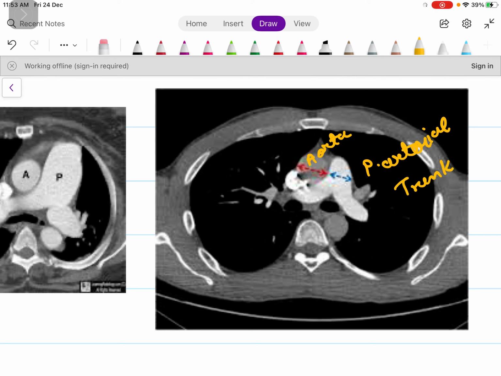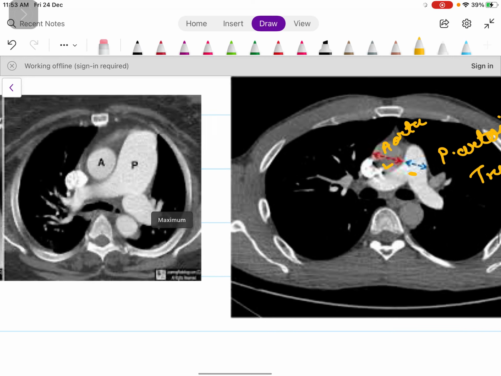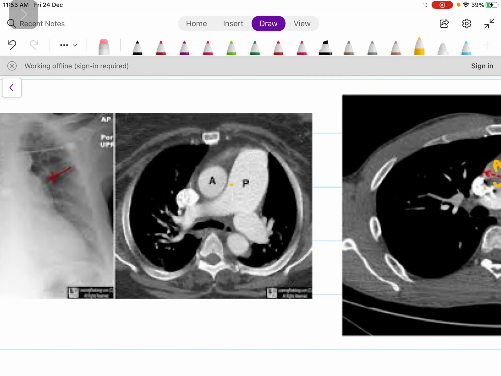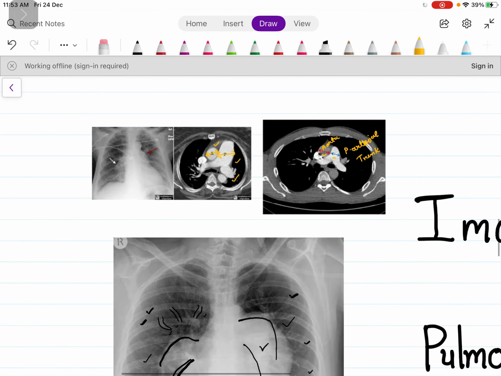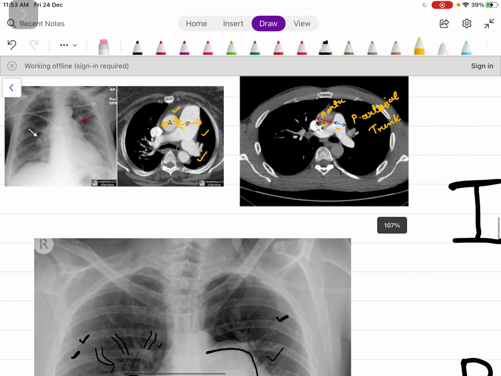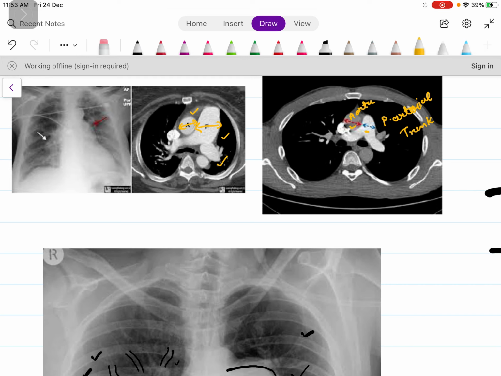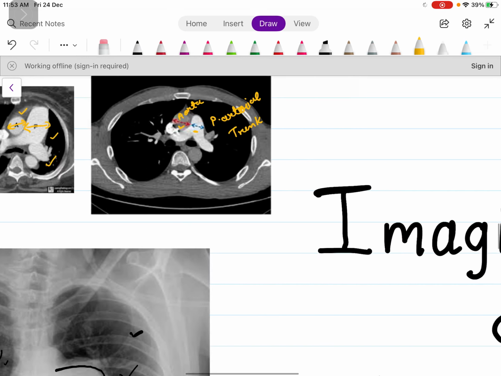You can see here that the size of this trunk is smaller than the aorta, but in pulmonary arterial hypertension the size increases. The size of the lumen of the pulmonary trunk increases more than the aorta. So from the chest x-ray we can see these findings, and so ultimately we can come to the diagnosis that yes, this patient is suffering from pulmonary hypertension.